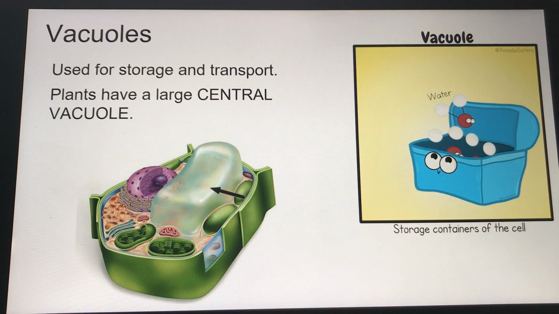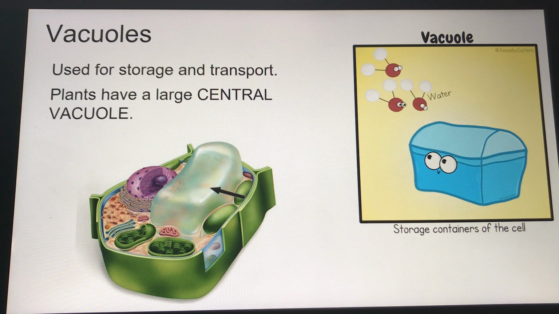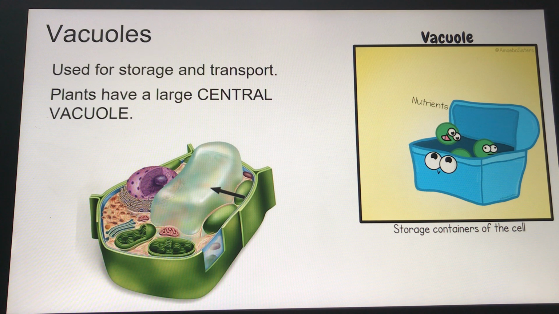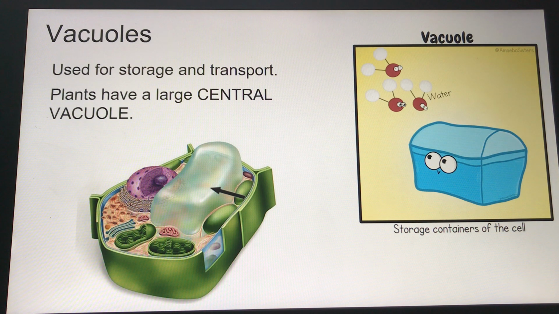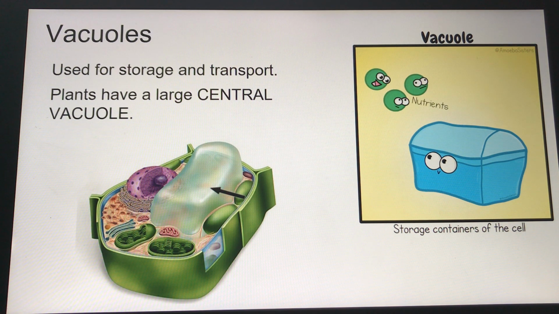Now, vacuoles are used for storage and transport. So they're kind of like the storage containers of the cell. In plant cells specifically, they store water inside of a large vacuole called a central vacuole. So you usually see it depicted on a plant cell diagram sort of towards the middle of the cell, a huge central vacuole.